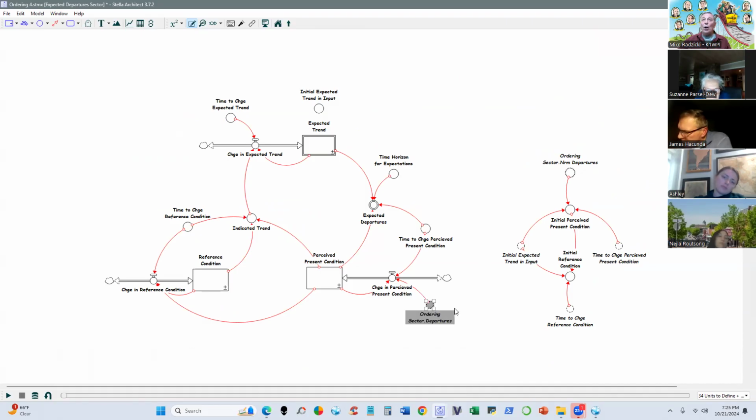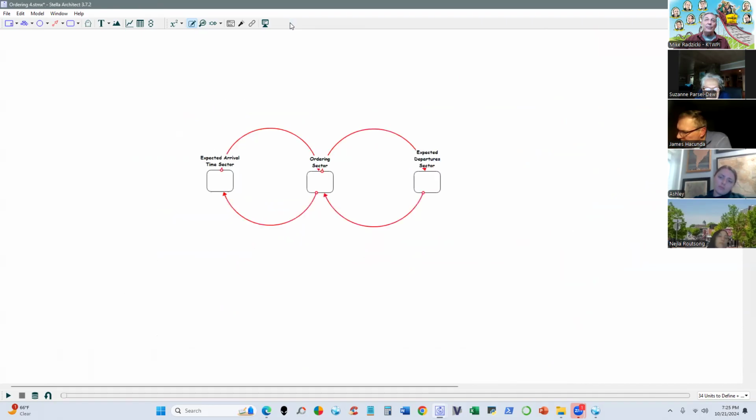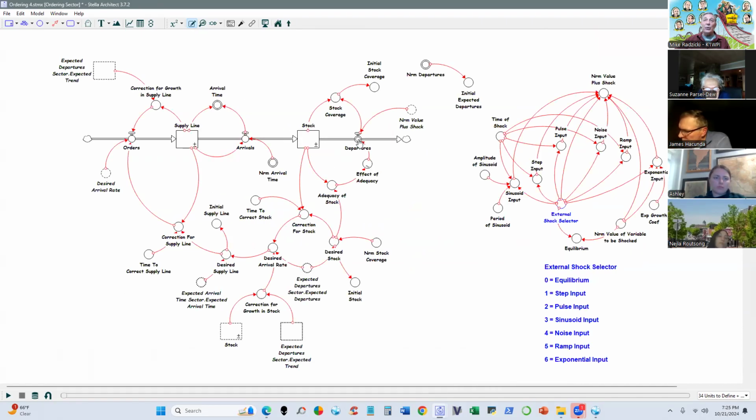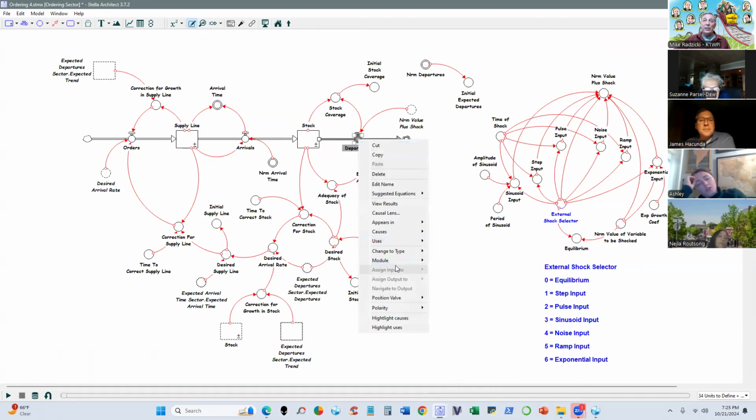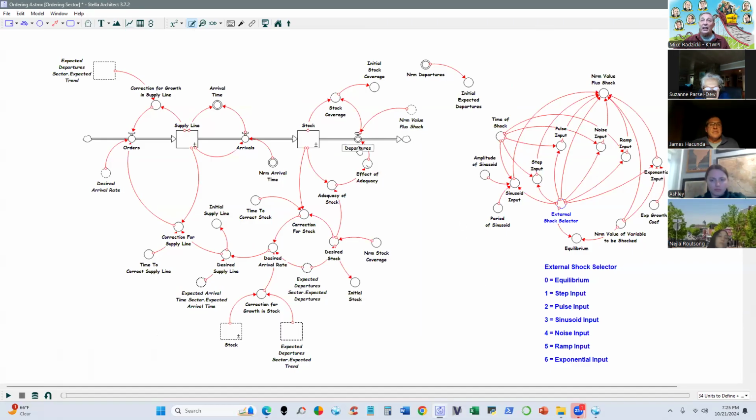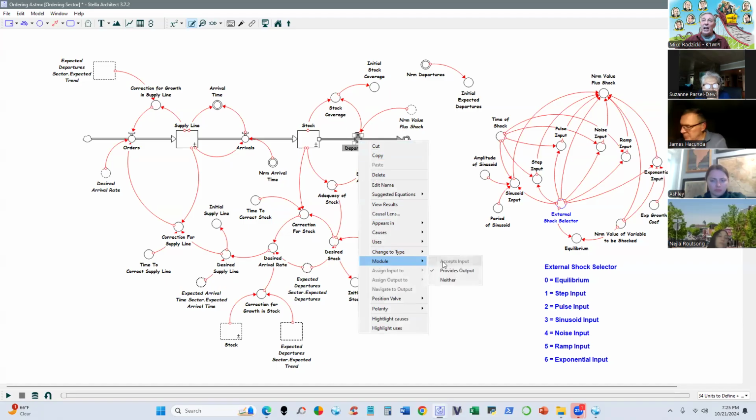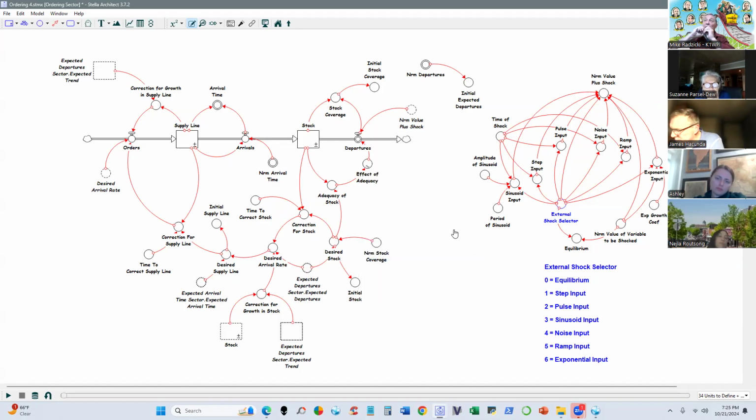So here's departures from the ordering sector. See, it says provides output. It's got another circle inside the circle. That's because I want that to provide output to another module or sector, so it's available to other modules.